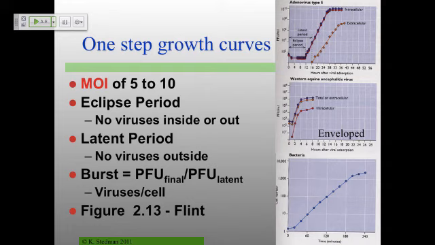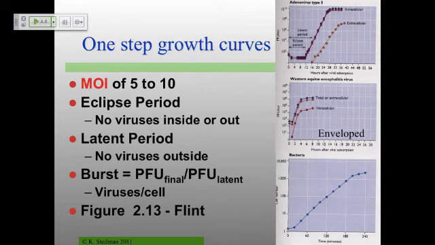So again, how do you do these? MOI of 5 to 10. We'll talk about why you need an MOI of 5 to 10 in just a second. There are two things that a lot of virologists talk about: the eclipse period and the latent period. The eclipse period is when you see no virions anywhere, inside or outside the cell.